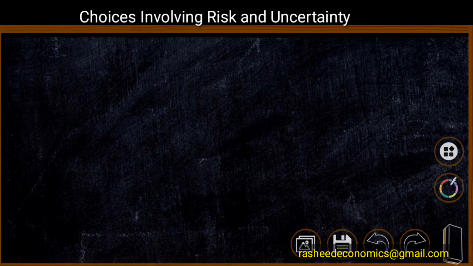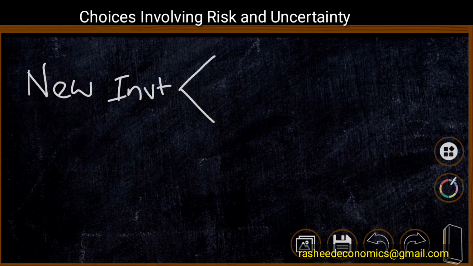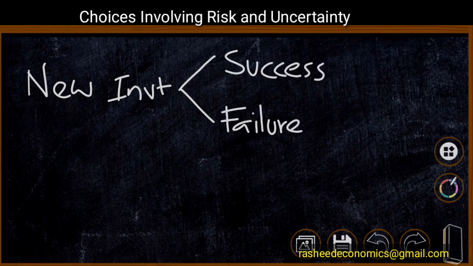Suppose, for example, a company is going to make a new investment. Normally, this new investment is being made in a new area. We know that there are two possible outcomes. This investment may become a success or it may be a failure. If the company succeeds in its investment activities, they can earn a profit of rupees 100 crores.